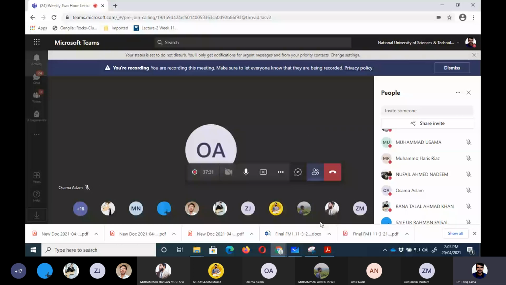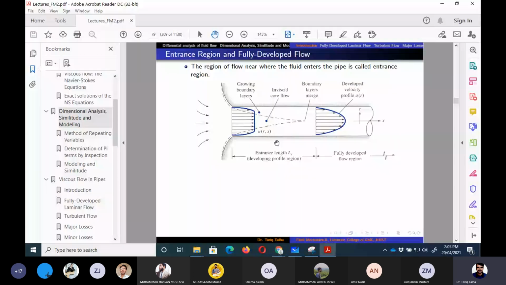Okay, that's fine. So I was talking about that whenever there is an entrance of fluid inside a pipe, there is a region, there is a length in which the flow is changing. If you see that, let me draw it here.